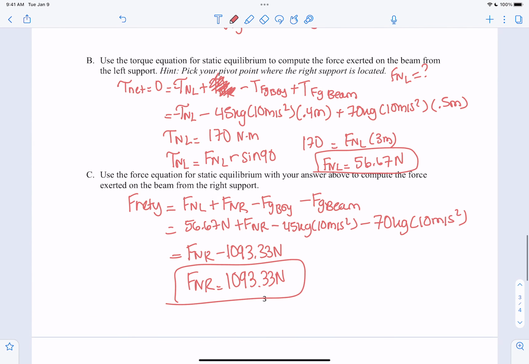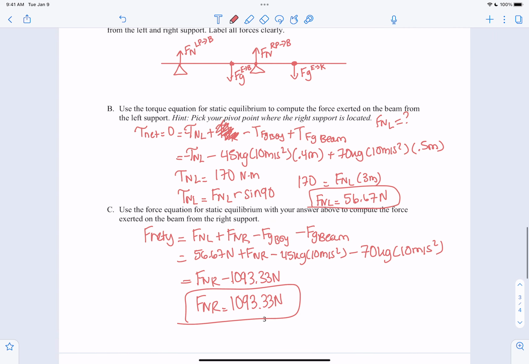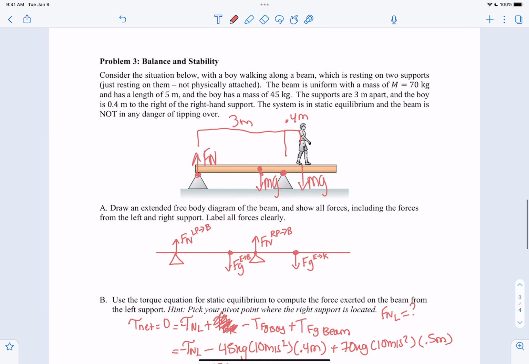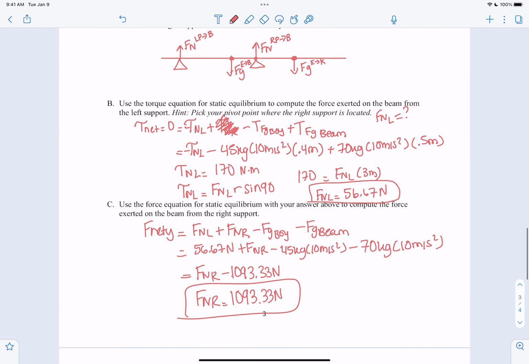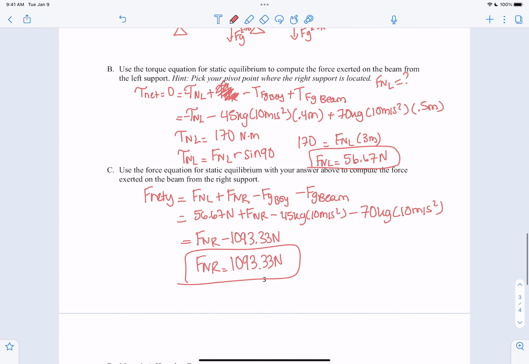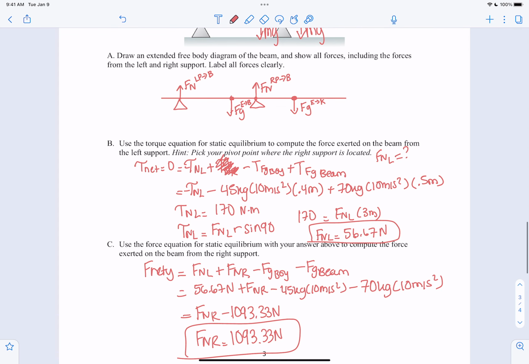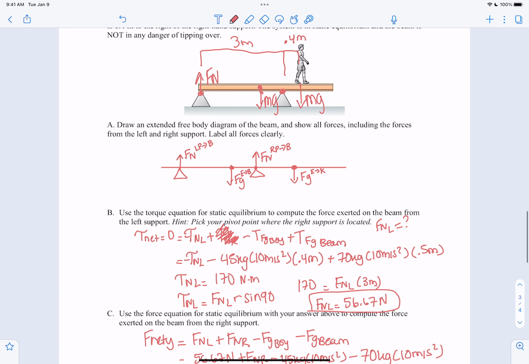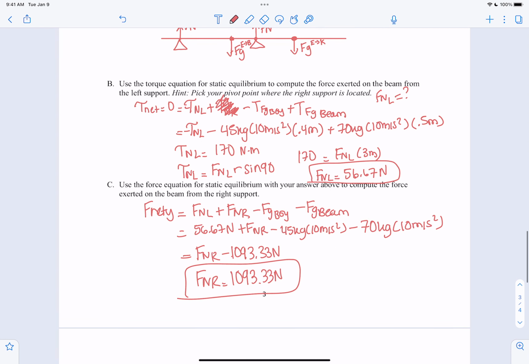But I will update you guys if I see any other mistakes in problem 3. Geez, this by far I think is the worst problem that I've done so far. And it shouldn't be. I don't know why it's such an issue. Usually I'm really good with torque, but for some reason this one has been giving me trouble. I guess I just kind of overlooked some of the counterclockwise, clockwise stuff.